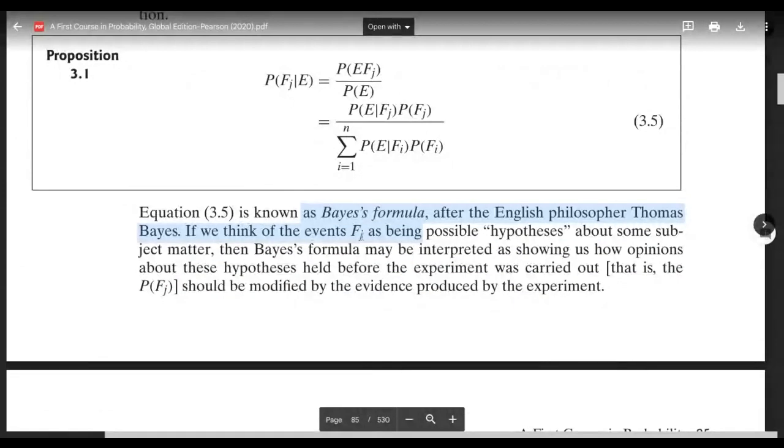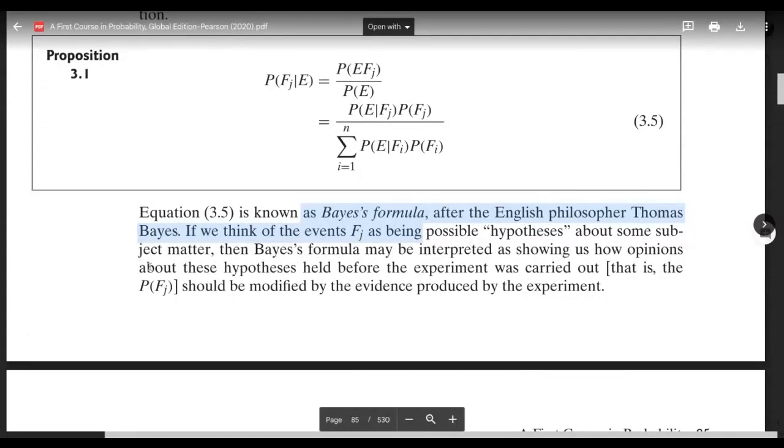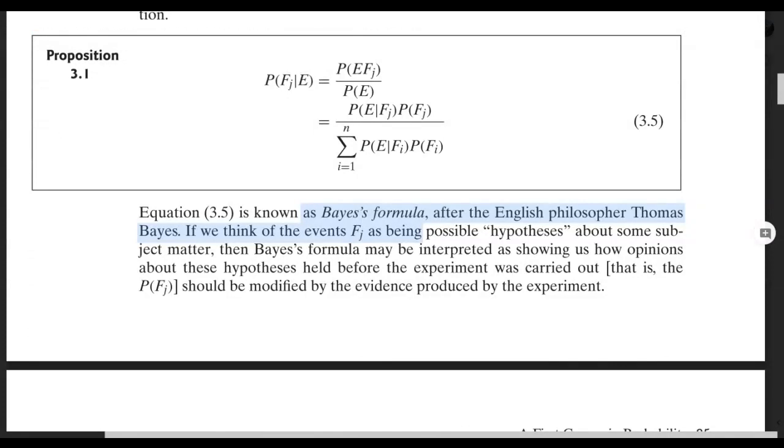So we think of events Fj as being possible hypotheses about some subject matter. Then Bayes' formula may be interpreted as showing us how opinions about these hypotheses held before the experiment was carried out, that is, the probability of each such event, should be modified by the evidence produced by the experiment.